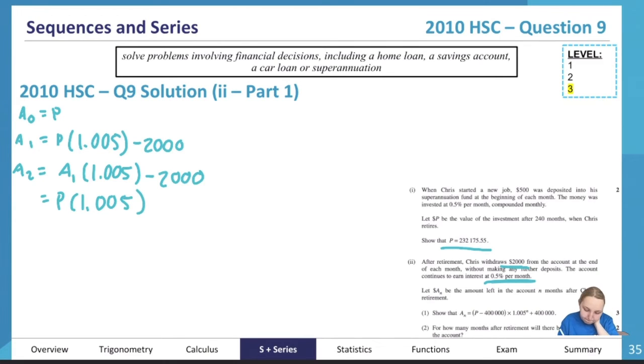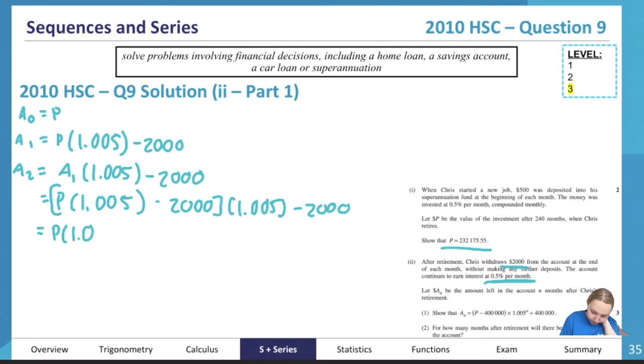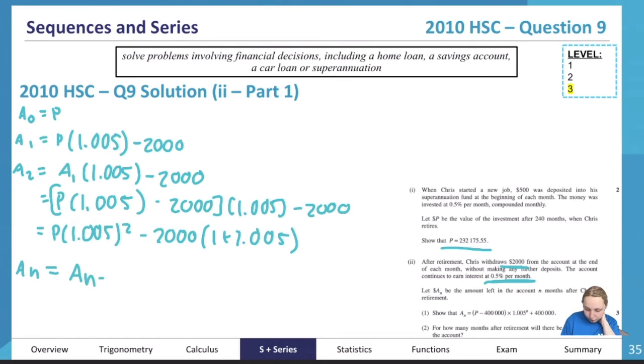That's going to be equal to P times 1.005 minus 2,000, all earning interest, minus 2,000. So that's equal to P times 1.005 squared minus 2,000 times (1 plus 1.005). In general we can say our A_N is equal to A_(N minus 1) times 1.005, so the interest it's earned, minus the money we've taken out of it.